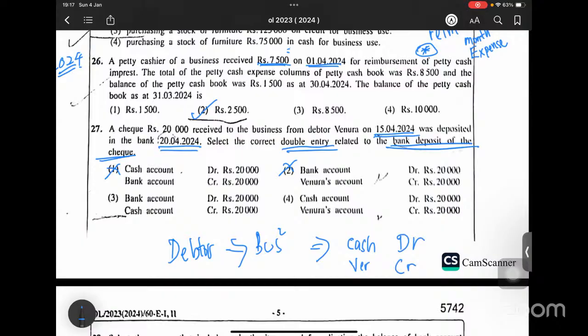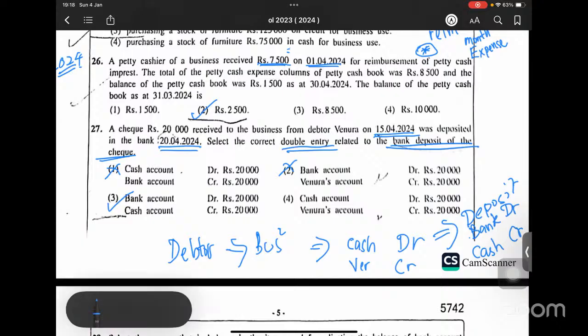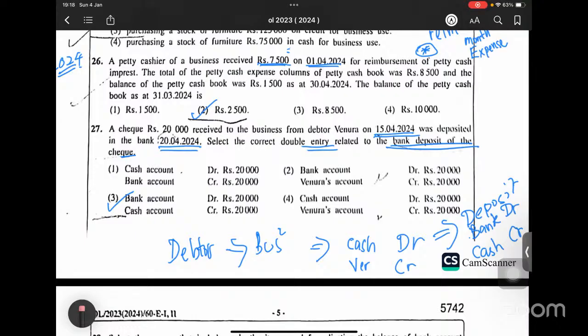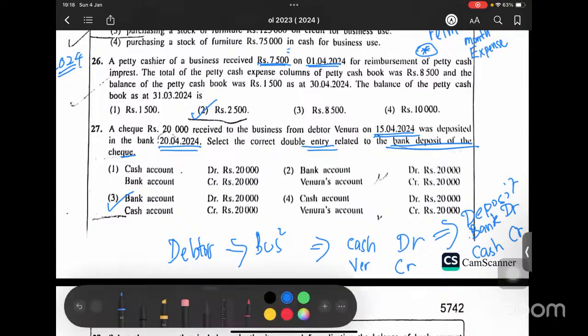But when we are going to deposit this in the bank, cash will be credited and the bank account will be debited. So if there's any answer like this, bank debit, cash credit, the third one is the answer. Any questions so far? No, miss. Okay.